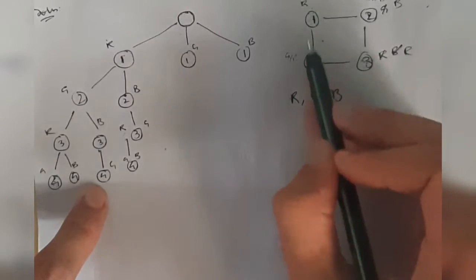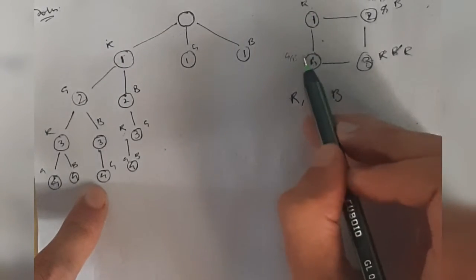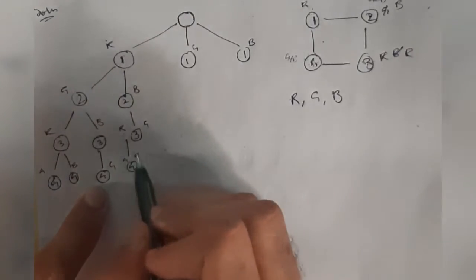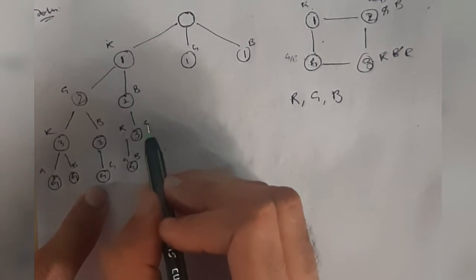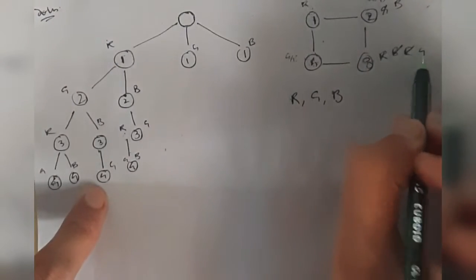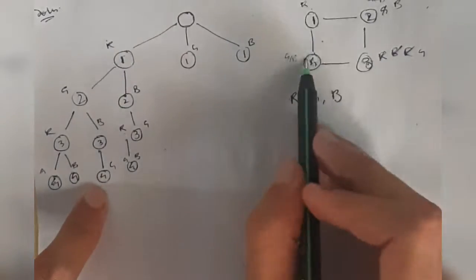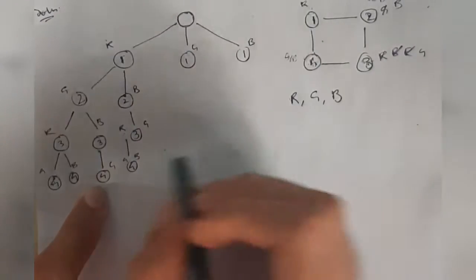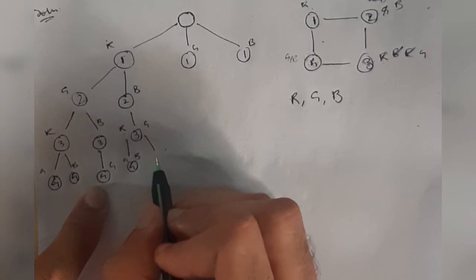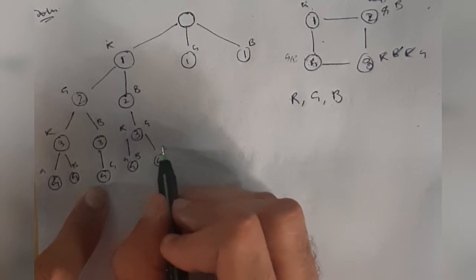Since both of these adjacent vertices have the same color, this can have either green or blue. That's one possibility. The second possibility is green here. If 3 is green, then the fourth node should not be green and should not be red, so only one possibility. In case 3 is green, then 4 will be only blue.